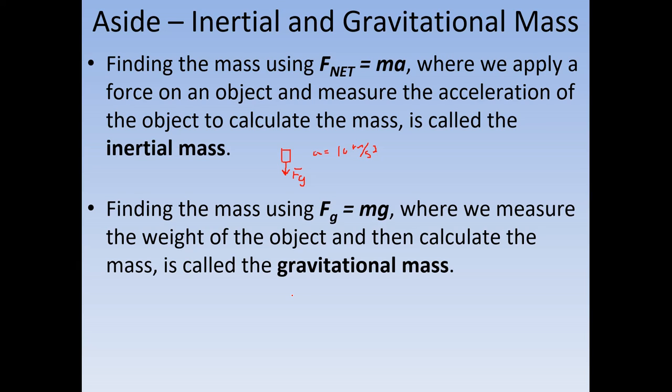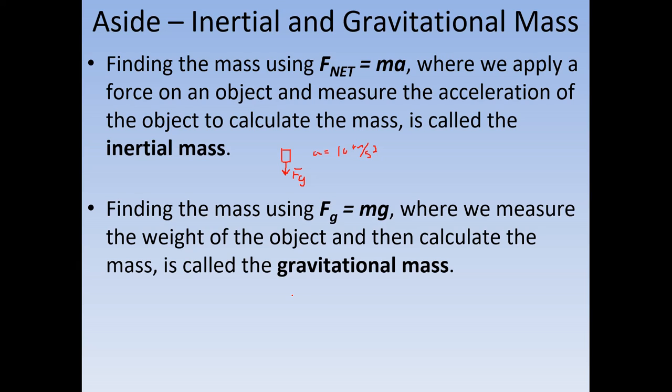Now, the reason why this is important is because, like I said, there's only going to be one question, but the way the question gets asked is essentially which of these experiments or methods would give you inertial mass, or which one would give you gravitational mass.